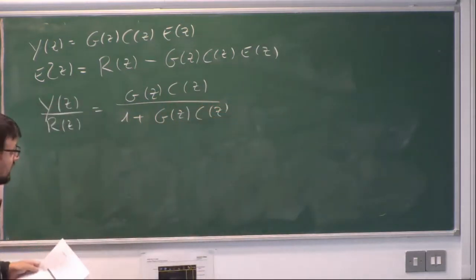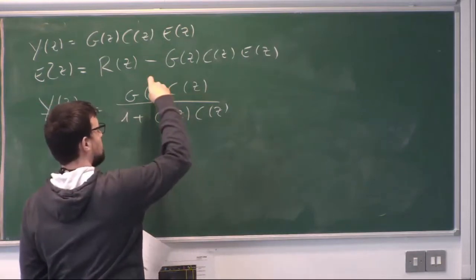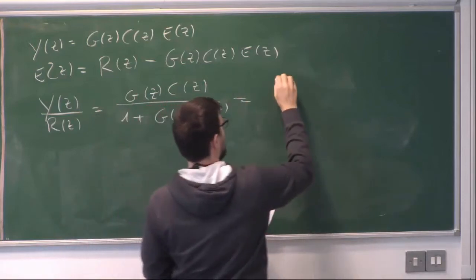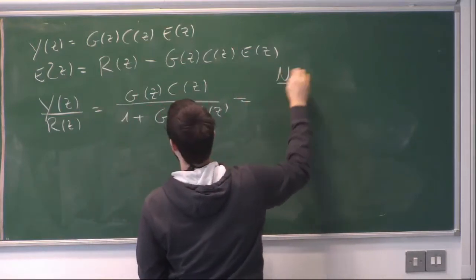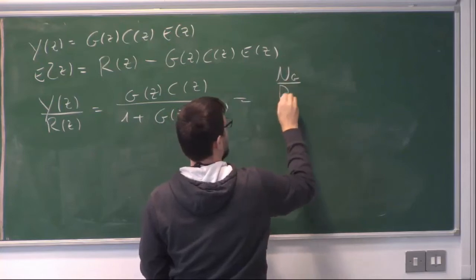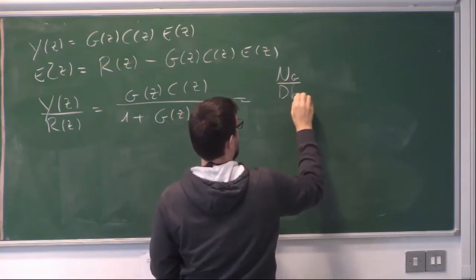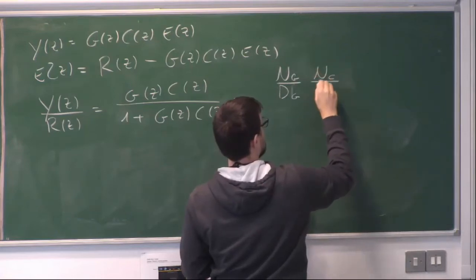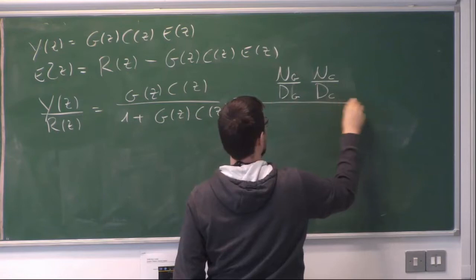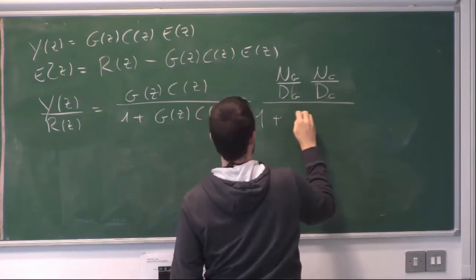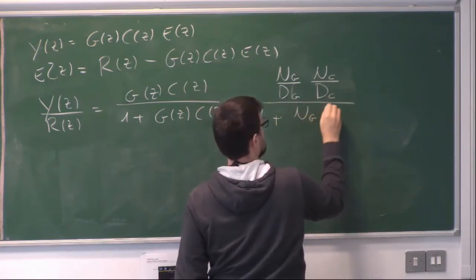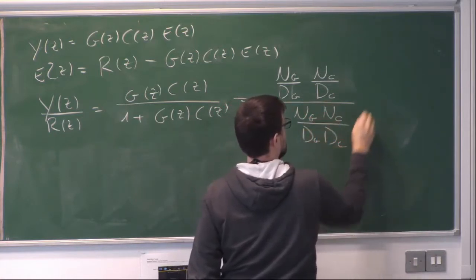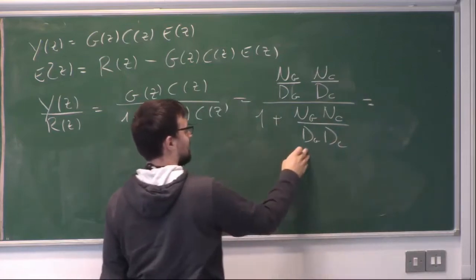Okay? Now let's replace the expression with the numerator and denominators for this fraction, and what we obtain is, I'm going to drop the argument z, but we know that these are all functions of z. So we obtain this expression, then we do this sum, okay?